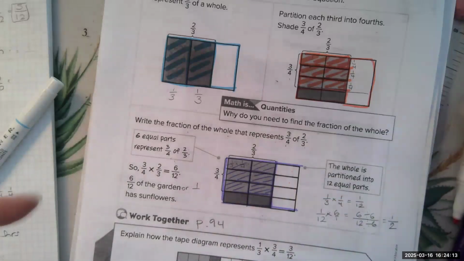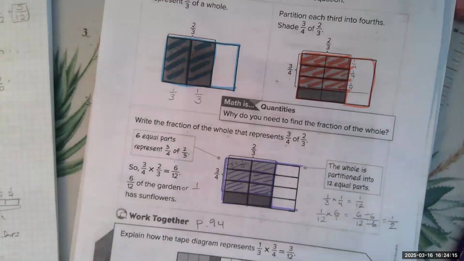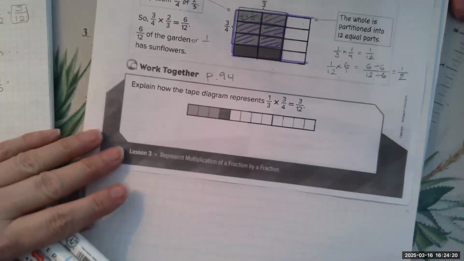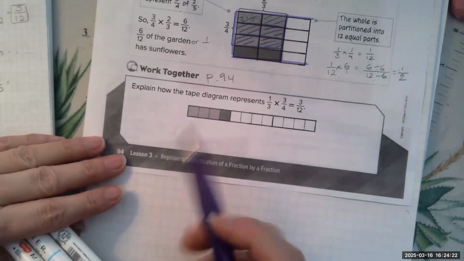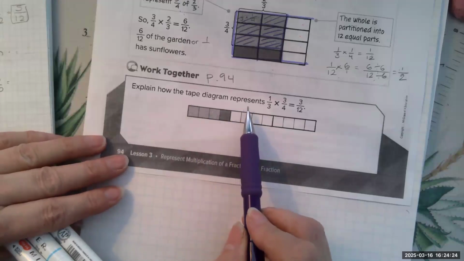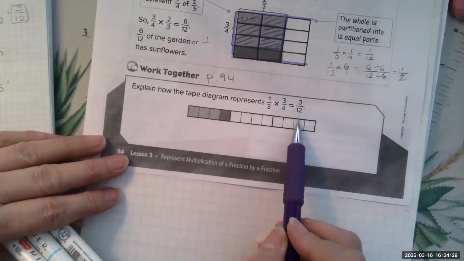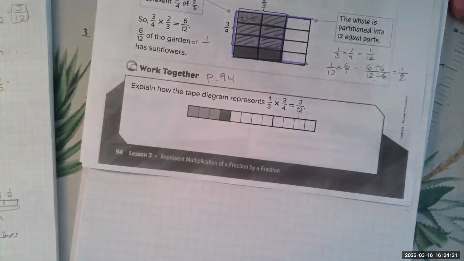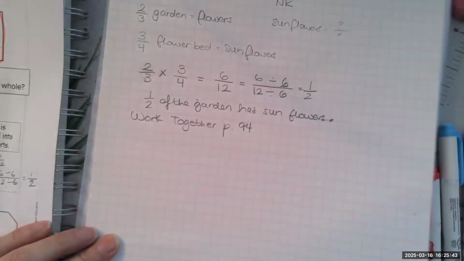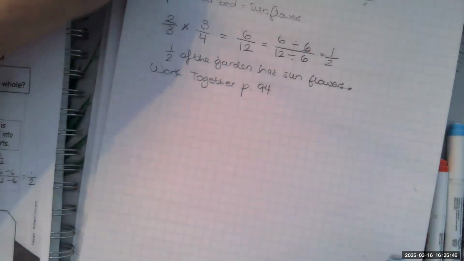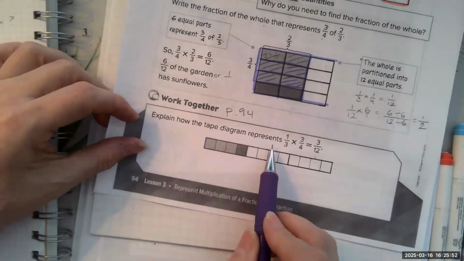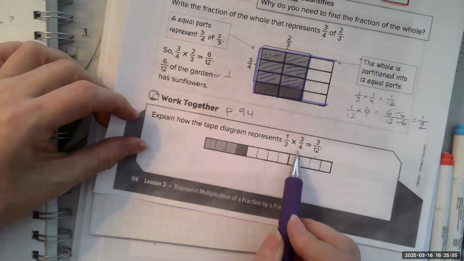So next one, we are going to look at explain the tape diagram. Look, that's the word I've been using all the time, right? Represents 1/3 times 3/4 equals 3/12. So work together on page 94. Explain how the tape diagram represents 1/3 times 3/4.